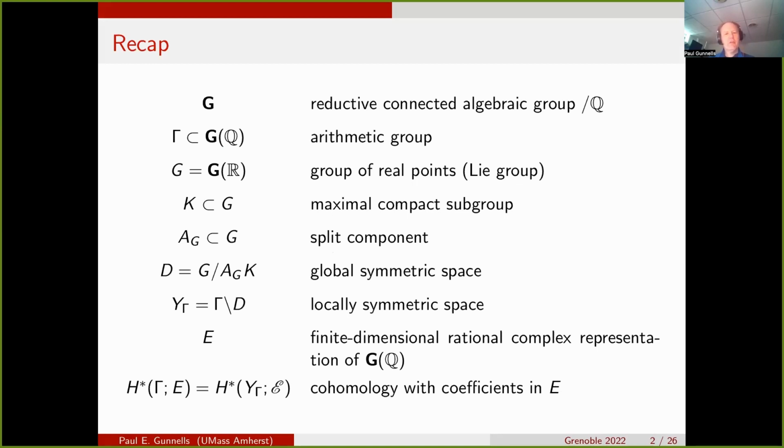We have the group of real points, which is a Lie group, a maximal compact subgroup, the split component, and then the global symmetric space, and the locally symmetric space. And we have our representation giving us our coefficients, and we can compute the cohomology of Gamma with coefficients in the Z Gamma module E by looking at the cohomology of the quotient with coefficients in this associated local system.